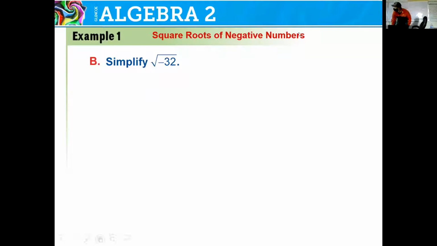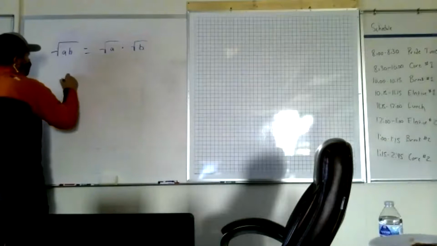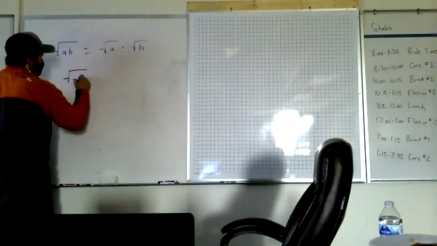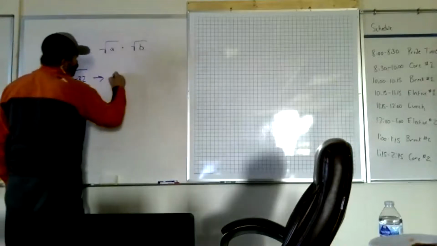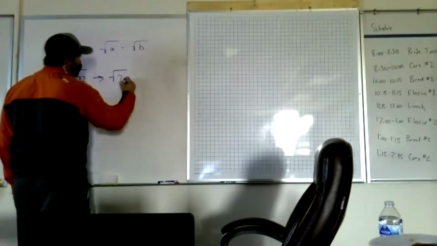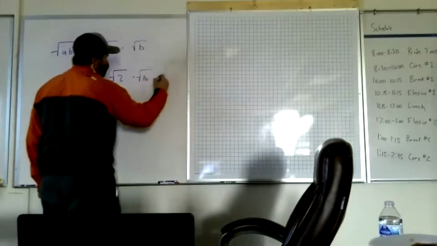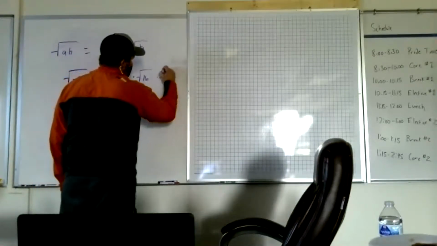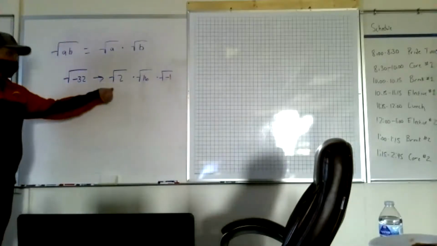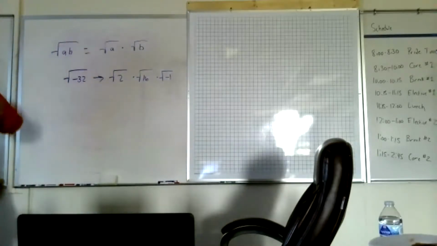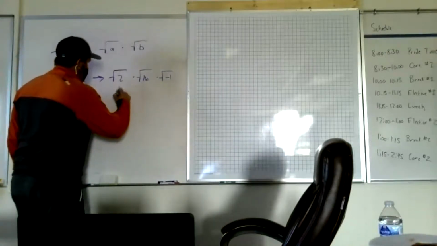To simplify it, the square root of negative 32 gets broken down into the square root of 2 times the square root of 16 times the square root of negative 1. 2 is not a perfect square. It's not a rational number, so I can't do anything with that. It has to stay, the square root of 2.